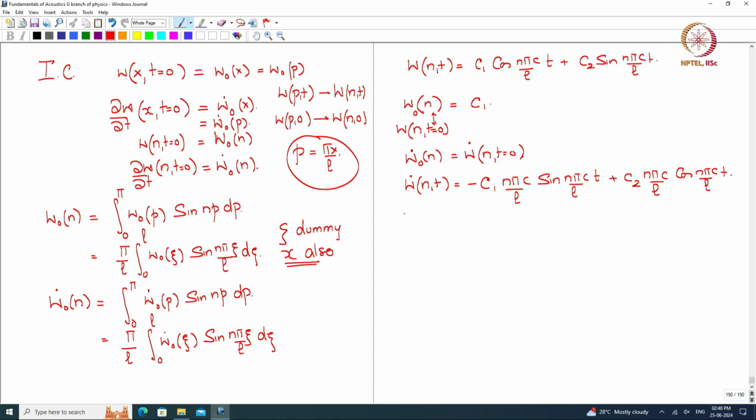Now, if we set W dot at t equal to 0, this goes away and I have C2 n pi c by L, or C2 is equal to W dot 0 of n, L by n pi c.